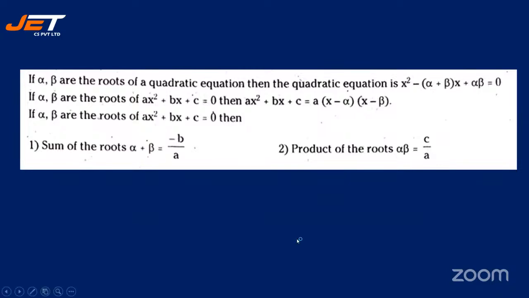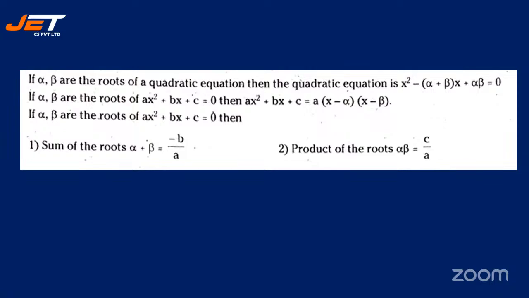If alpha, beta are the roots of a quadratic equation, then the quadratic equation is x squared minus of alpha plus beta into x plus alpha beta is equal to 0. If alpha, beta are the roots of ax squared plus bx plus c equal to 0, then ax squared plus bx plus c is equal to a into x minus alpha into x minus beta.